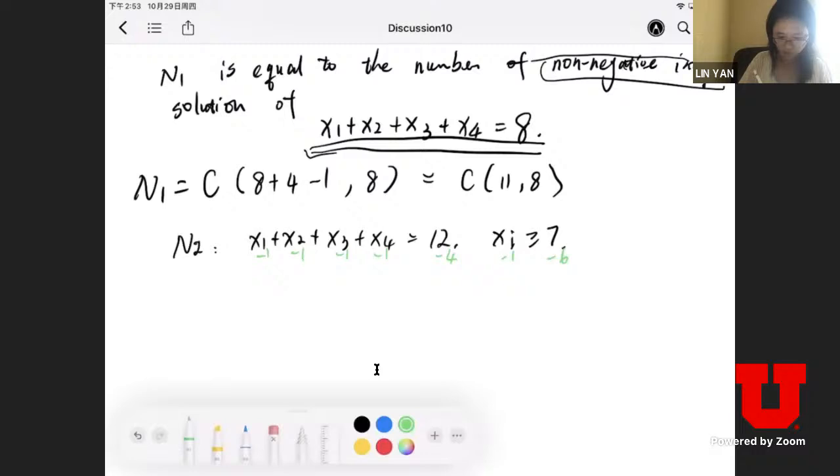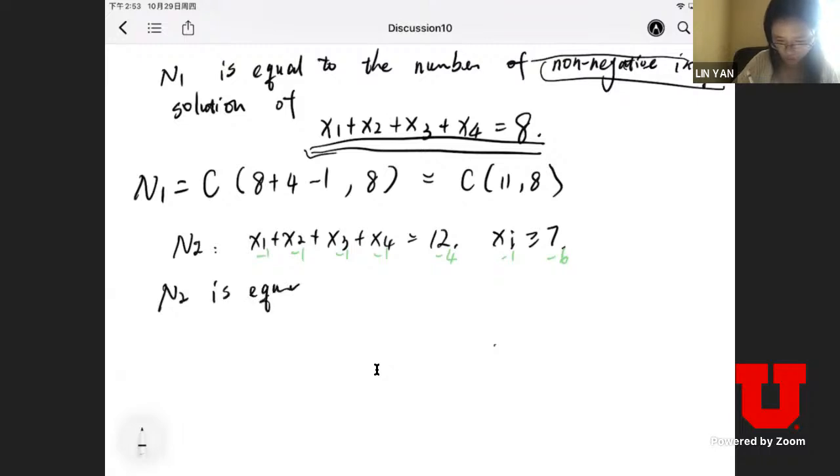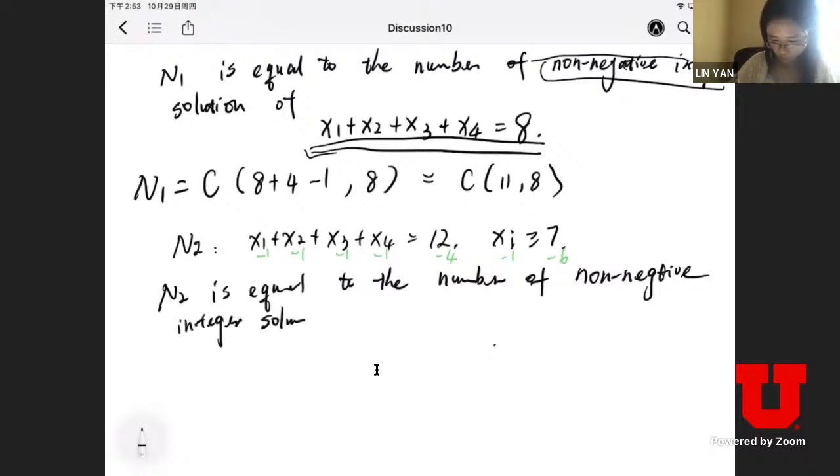So n2 is equal to the number of non-negative integer solutions for x1 plus x2 plus x3 plus x4 is equal to 8, where at least one of the xi is larger or equal to 6.